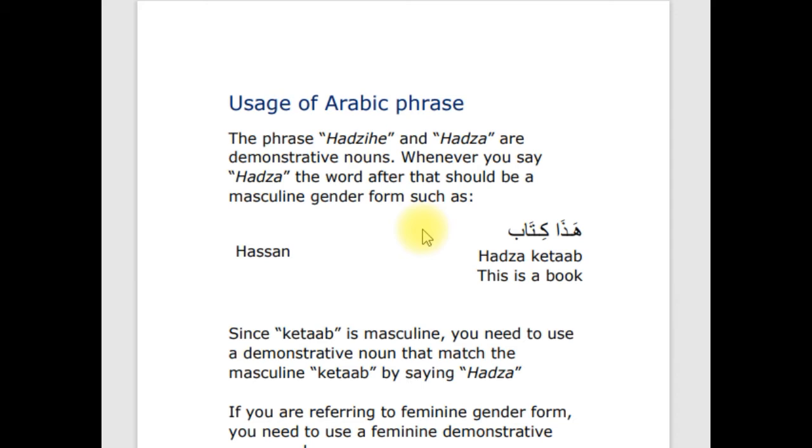Usage of Arabic phrases. The words هذه and هذا are demonstrative nouns. Whenever you say هذا, the word after that should be a masculine gender form, such as هذا كتاب.